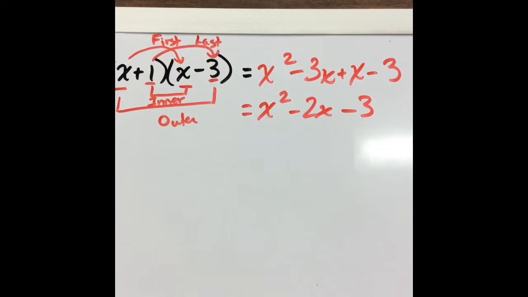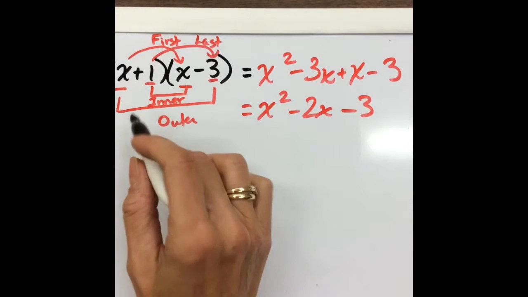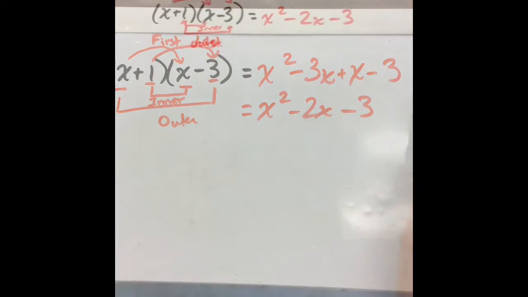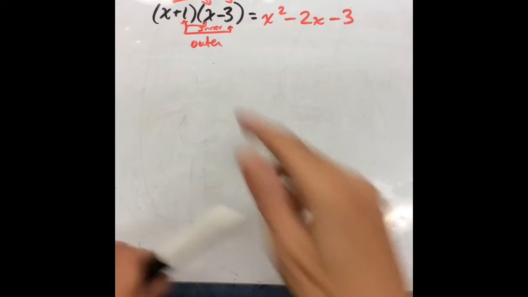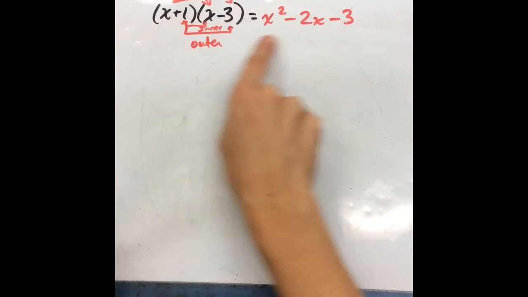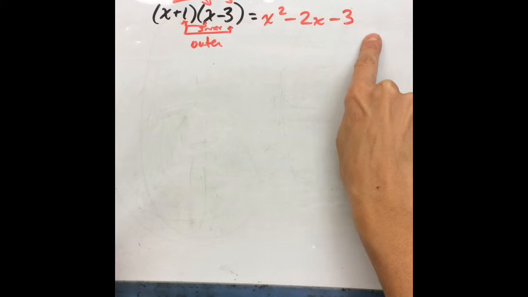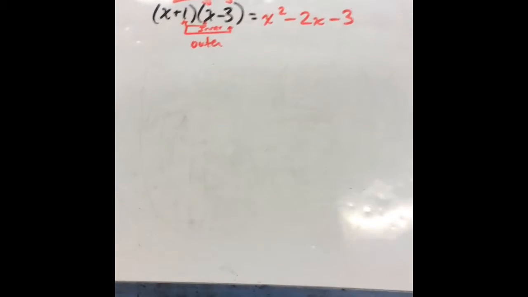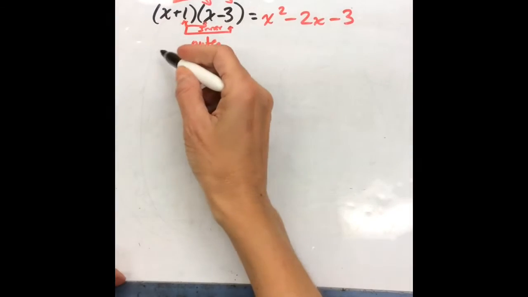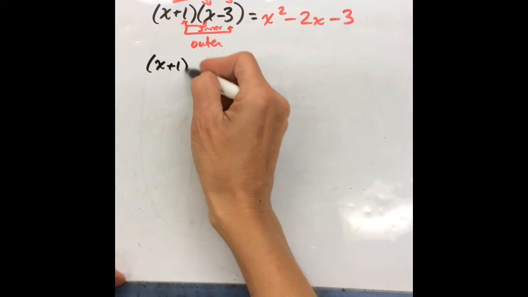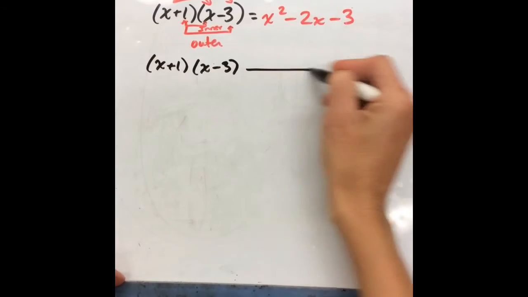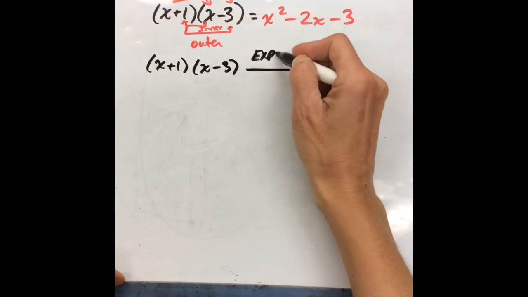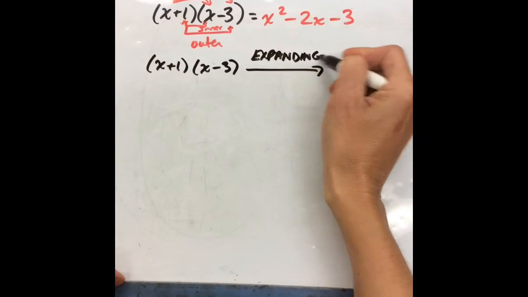So basically what we're doing is expanding by multiplying. What we did was expand, and by expand we mean we've multiplied these together and got this expression. The multiplying of two binomials will give you a trinomial. And what this is called is expanding, which I've said before.